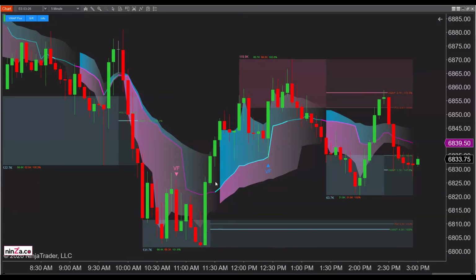Okay, I do think it does that. Again, for a more precise answer, maybe ask someone at NINZA. I am not the coder for this. To me, it seems that it is analyzing volume. So in that sense, I think that's what it does.